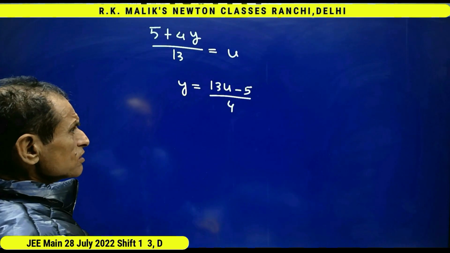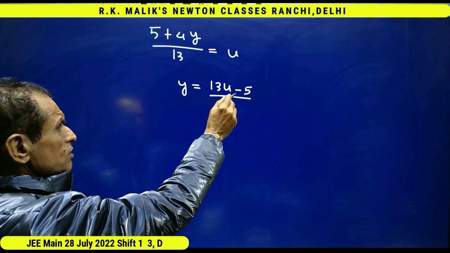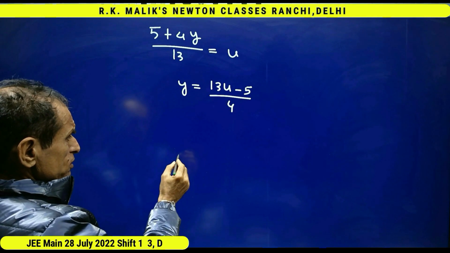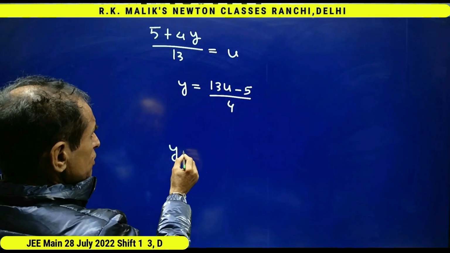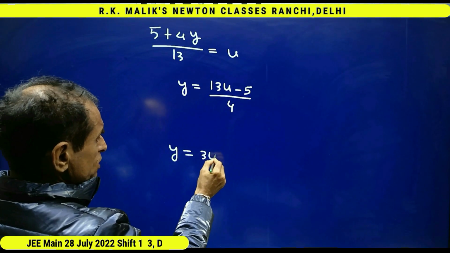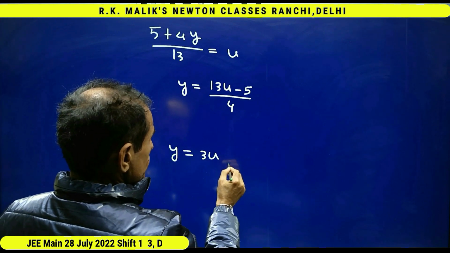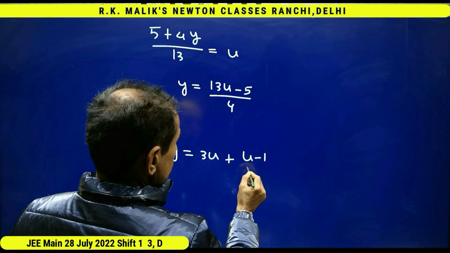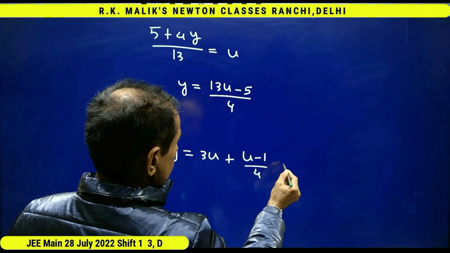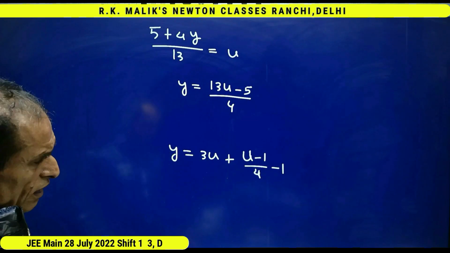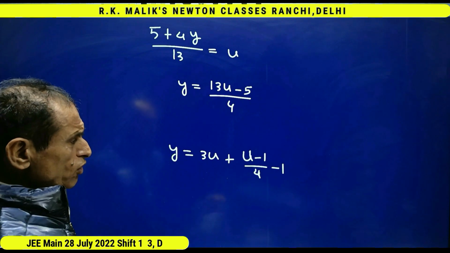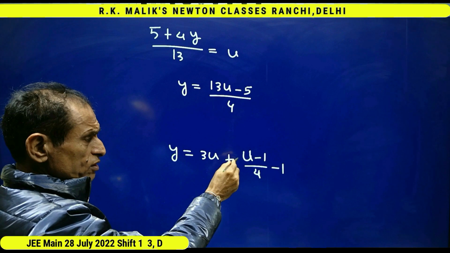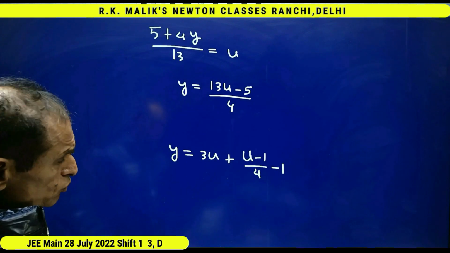Again make the numbers in the numerator as small as possible. Hence y can be written as 3u plus (u minus 1) by 4 minus 1. And once we have got the coefficient of variable as 1, the main part of the question is over.